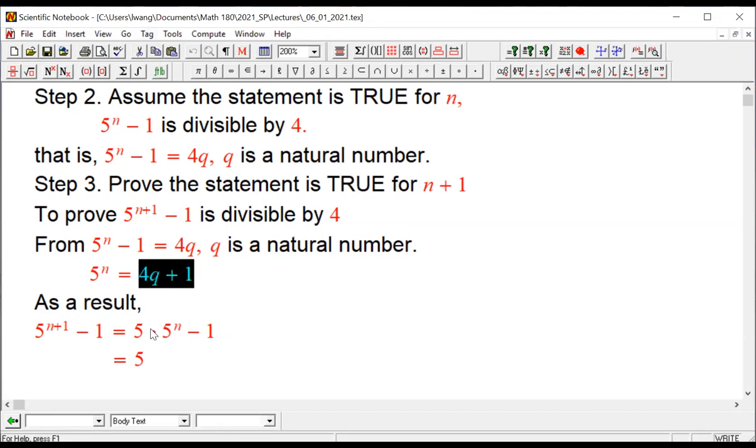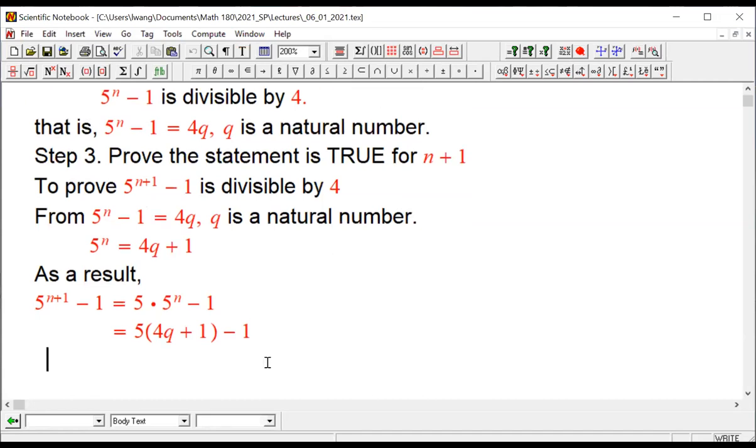So I'm going to take the 4q plus 1, replace 5 to the power of n, and then minus 1. Did you guys see that step? Does everybody see that?